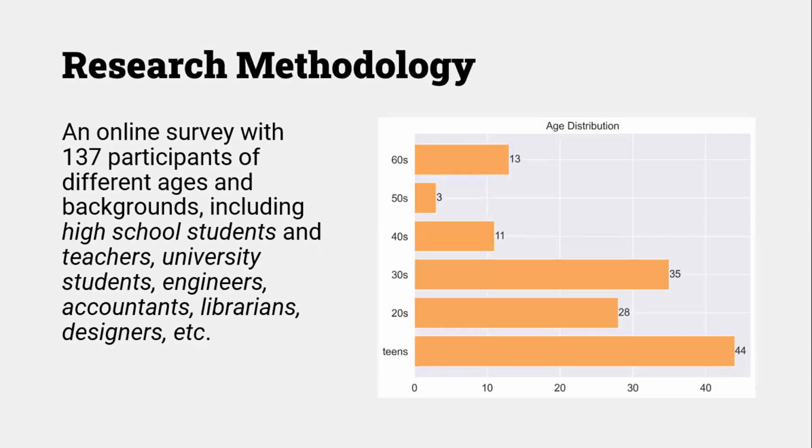That's why we conducted a survey among 137 participants of different ages and backgrounds, including high school students, university students, and graduates, working in a variety of professions such as engineers, accountants, teachers, librarians, designers, and so on. On this table, you can see the age distribution of our participants.